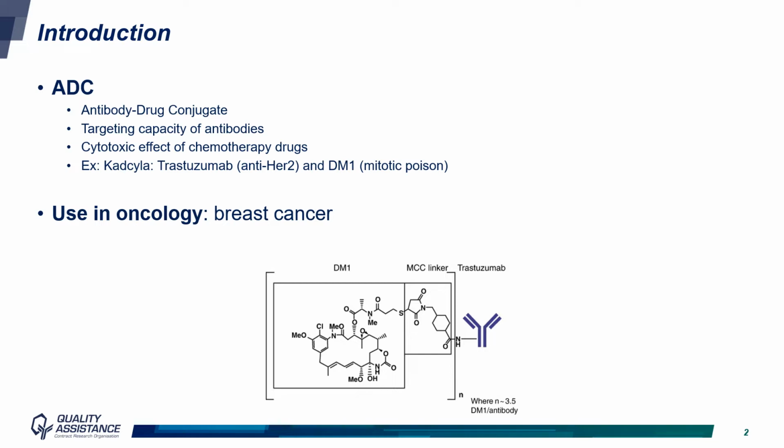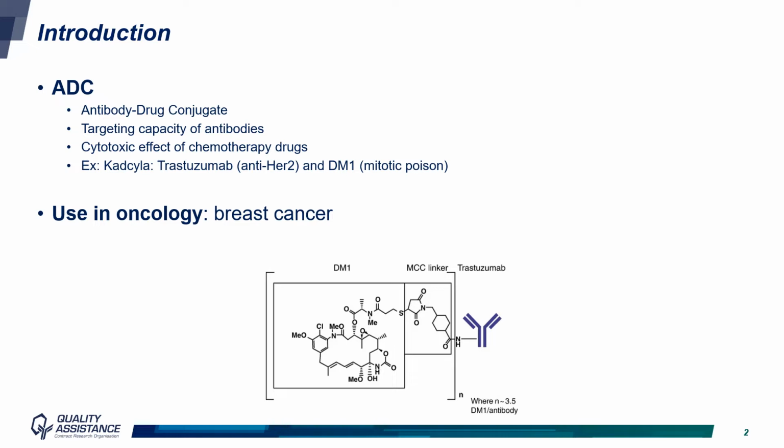Structurally, ADCs are complex molecules composed of an antibody linked to a cytotoxic compound through the use of a linker. ADCs therefore combine the targeting capacity of monoclonal antibodies and the capacity to destroy cancer cells of cytotoxic chemotherapy drugs.